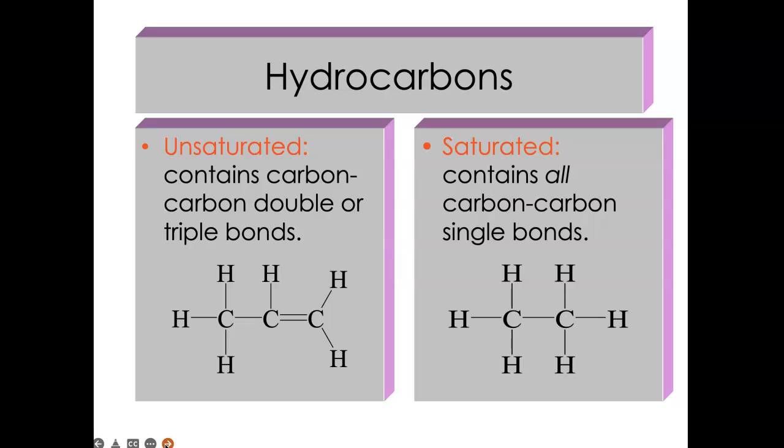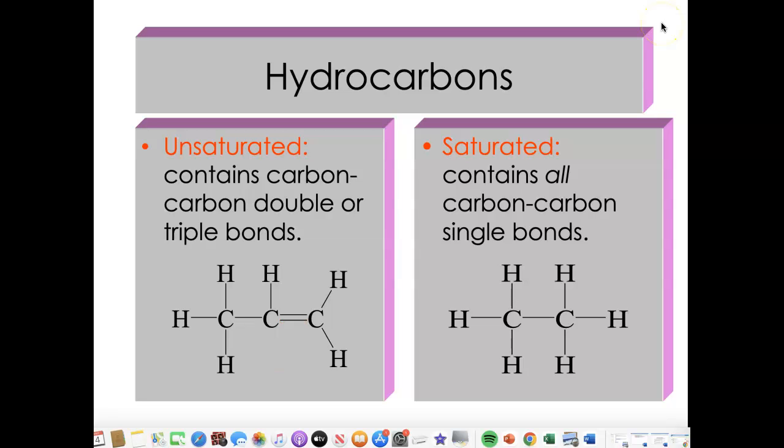And so the first thing you need to be aware of is that we have 2 different carbon compounds. If we take a look at the unsaturated compound on the left, notice that because of that double bond, there aren't as many hydrogens as there could be. If we were to break this double bond or put a hydrogen in, then we would have more hydrogens in this molecule, and that would have to be a single bond.